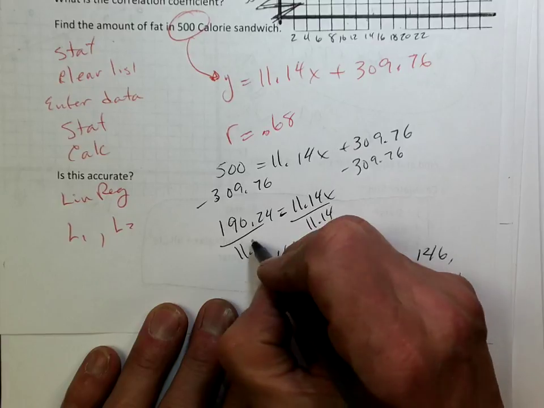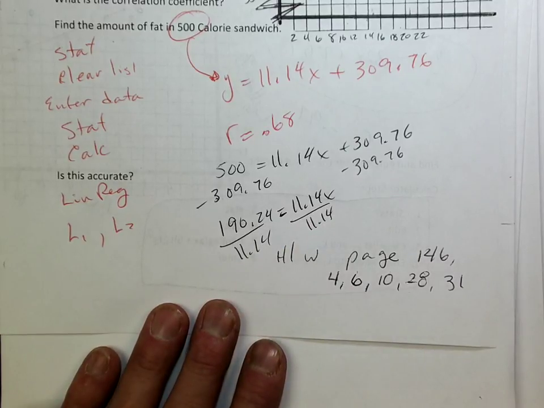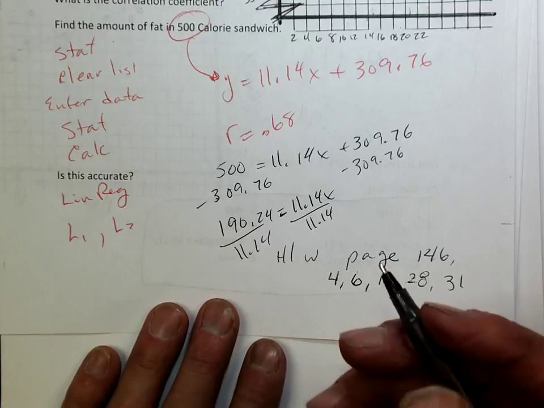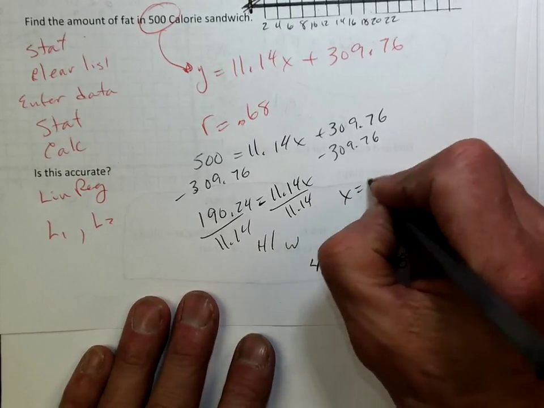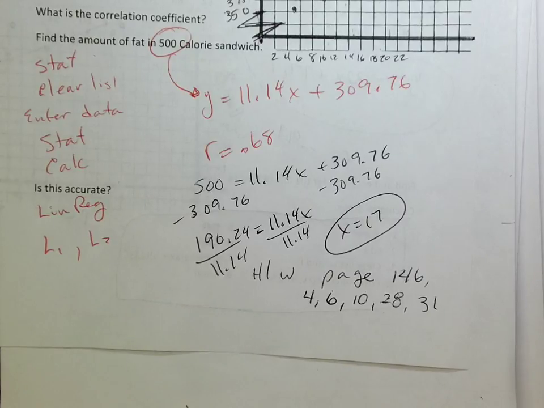Divide by 11.14, and again it's about 17. So it would be about 17 grams of fat in a sandwich with 500 calories.